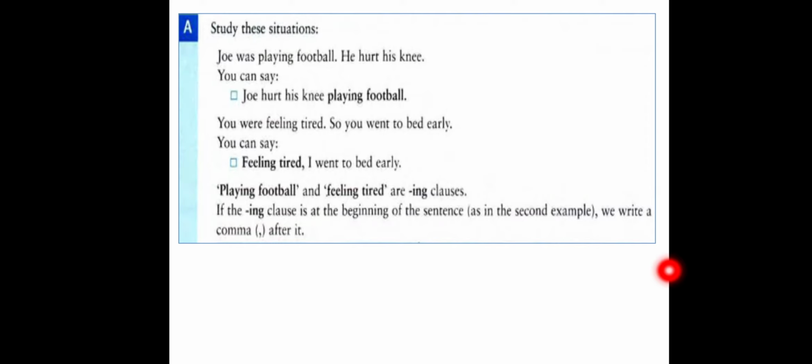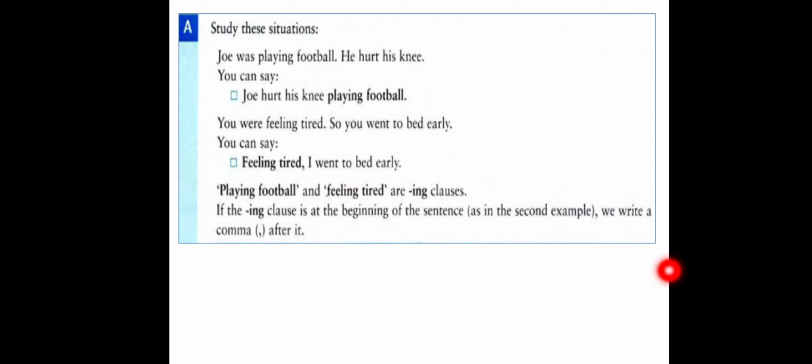I went to bed early is a main clause, and as I was feeling tired is a subordinate clause. If you cut off as, I, and was, then we have feeling tired, I went to bed early.